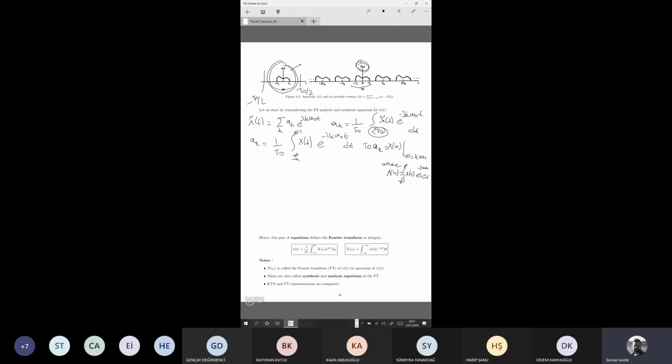So if I define my X of omega as the integral of x of t e to the power minus j omega t dt, then T0 a_k is nothing but the sampled version of X of omega, and the samples are at omega equals k omega 0.